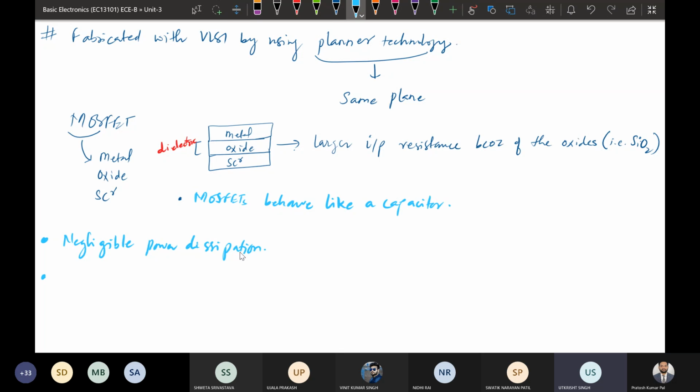And similar to the JFET, which was also a voltage controlled device, the MOSFET is also a voltage controlled device.